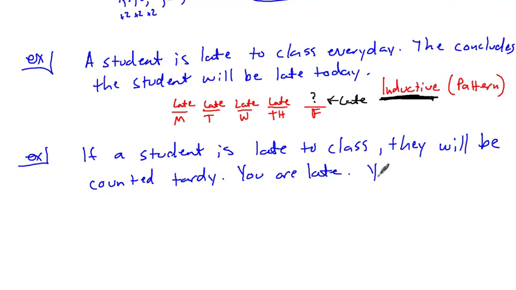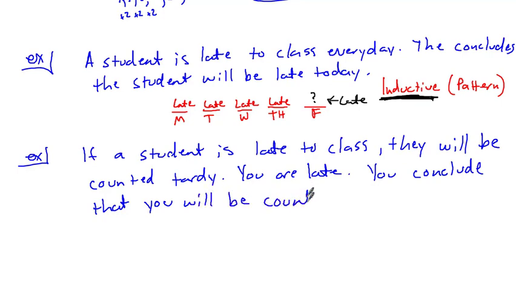Well, when you're late, you conclude that you will be counted tardy. And the same thing could go for something legal. It says, if you break this law, this is the punishment. Well, when you break that law, it's pretty fair to say that you're going to face whatever that punishment is. And so this is an example of deductive reasoning. Remember, it's based on facts, right?